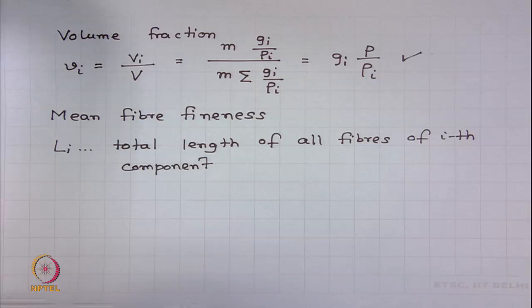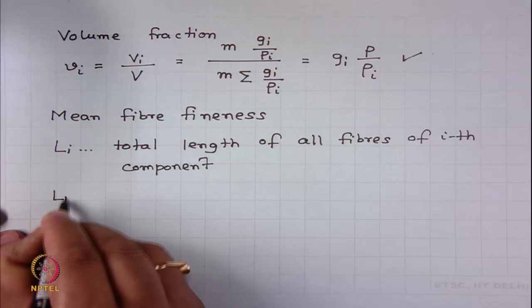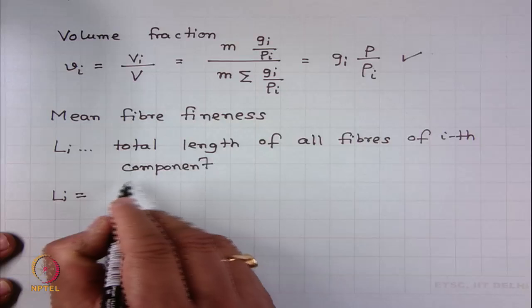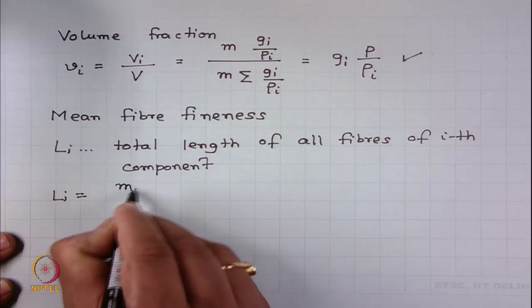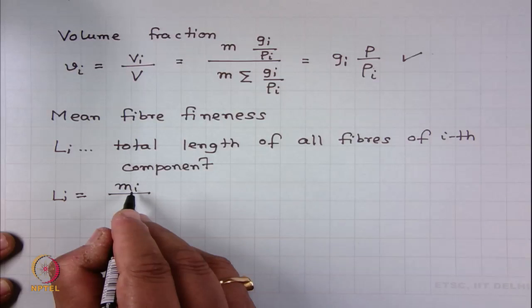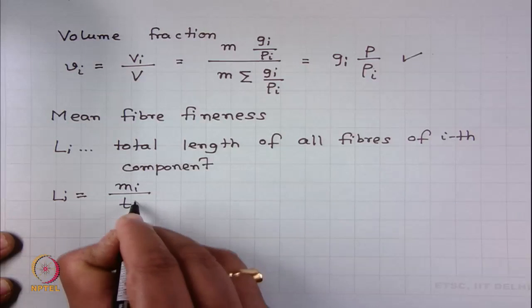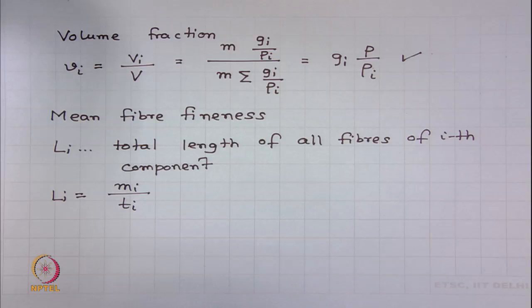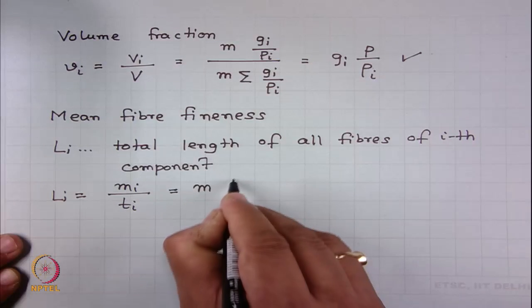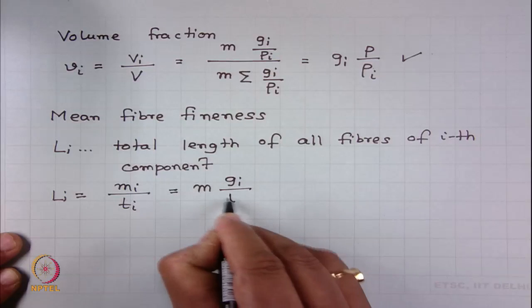So, what is this total length Li? Total mass divided by fineness of individual component fiber. So, the total mass of ith component is m subscript I and the fineness of ith component is Ti. Now, what is m subscript I? M into gi. So, m into gi by Ti.